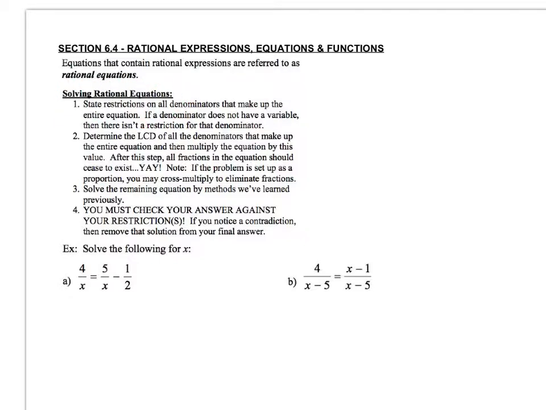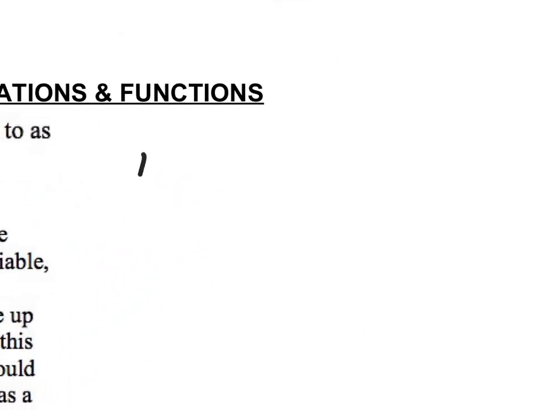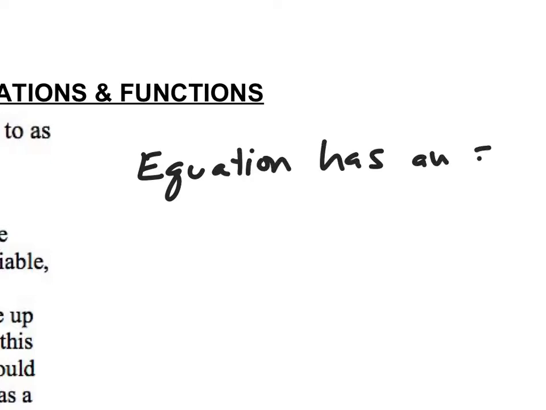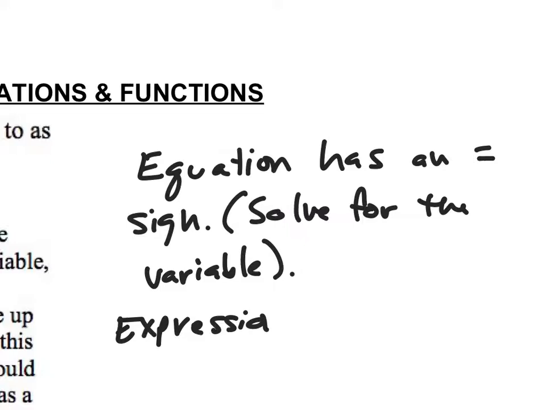So the difference, and let's just kind of talk here for a second: an equation has an equal sign, and we solve for the variable. All right, we're just doing some vocab here.